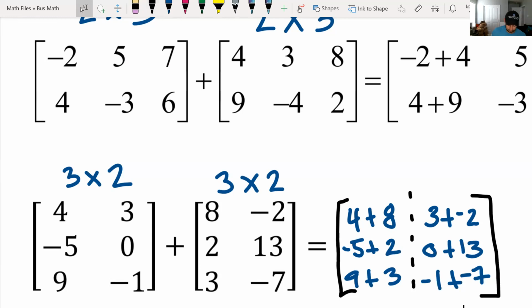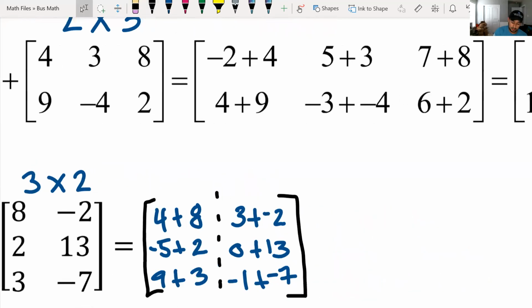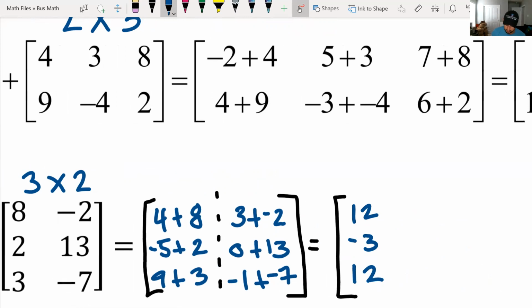Okay. Add them up. And we'll get 12, -3, 12, 1, 13, -8.